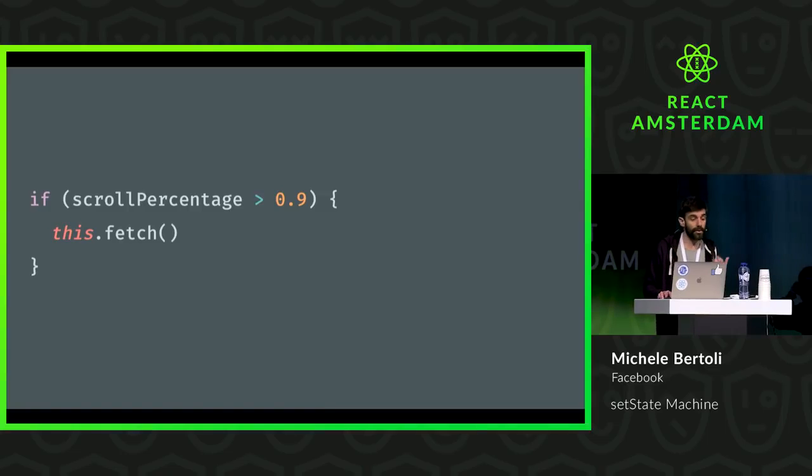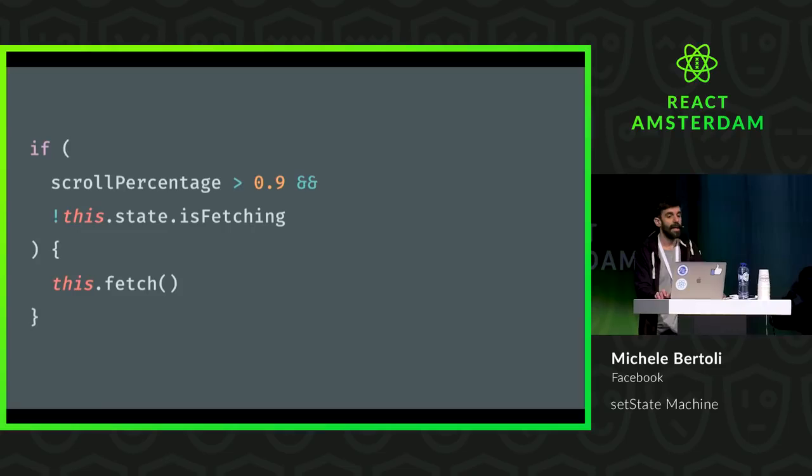Again, there are different solutions. One of the most common is using a state flag. So we would set isFetching to true when we start fetching, and then when the scroll event fires, we check whether the user scrolled more than 90%, and also whether we are not fetching already. And if we are fetching already, we just ignore the event.